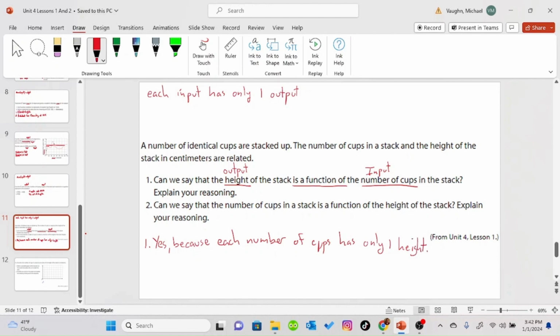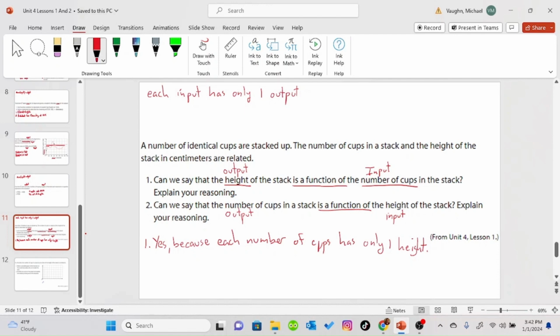Now for number 2, when we see is a function of, remember that our output comes before and our input comes after. So now the height is the input and the number of cups is the output.